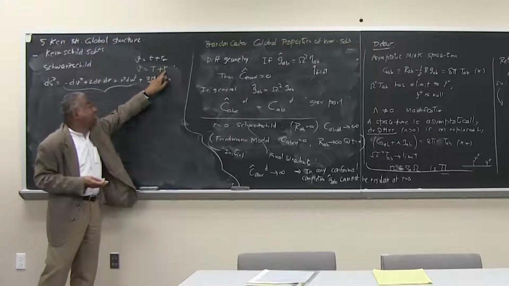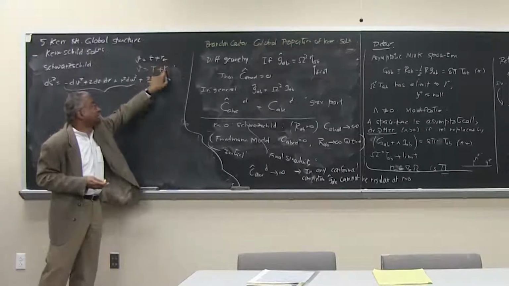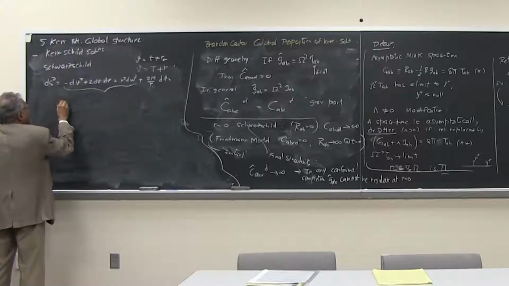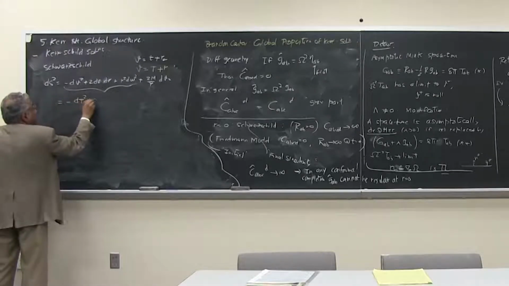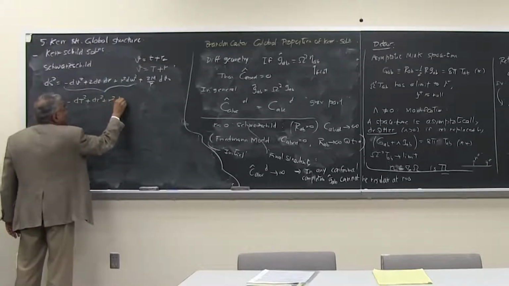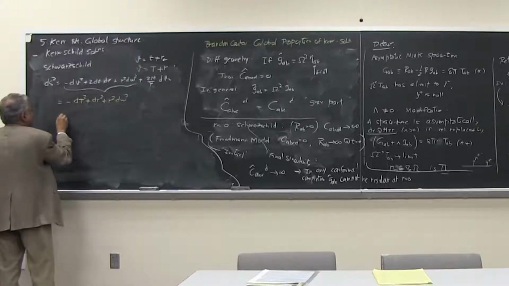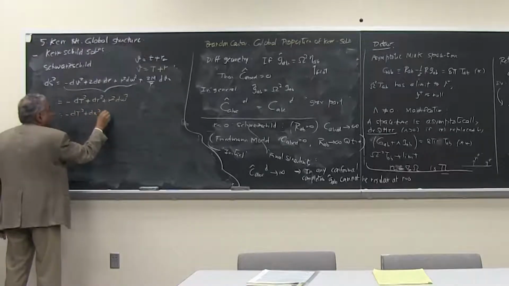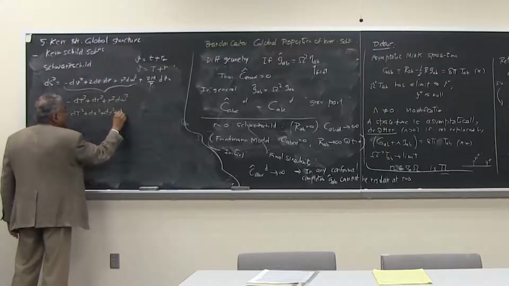And this r is the same r as here, but I don't have r star, I have r. If I define this, then this metric becomes minus dT squared plus dr squared plus r squared d omega squared, the same as minus dT squared plus dx squared plus dy squared plus dz squared.